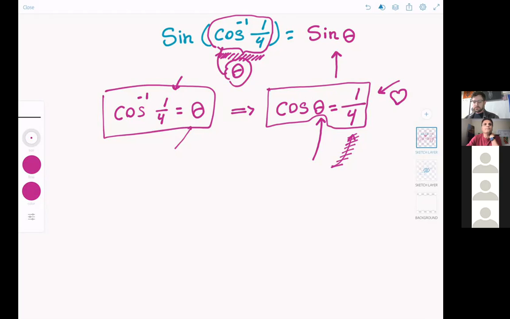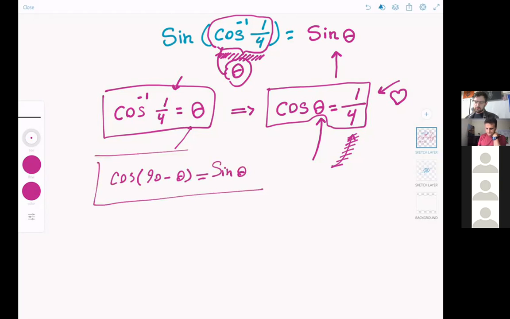The cofunction: cosine of 90 minus theta equal to sine of theta. That's great, but how do we use it here? We don't have theta, huh?